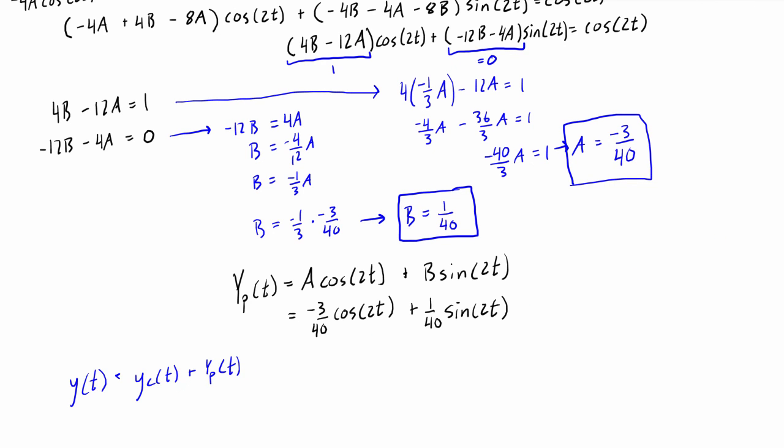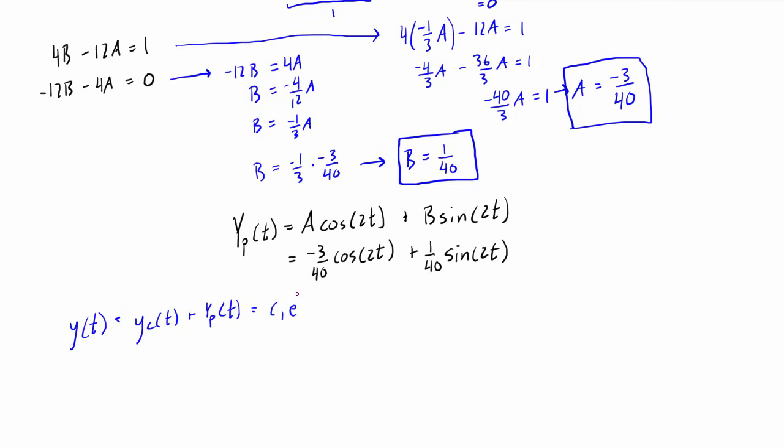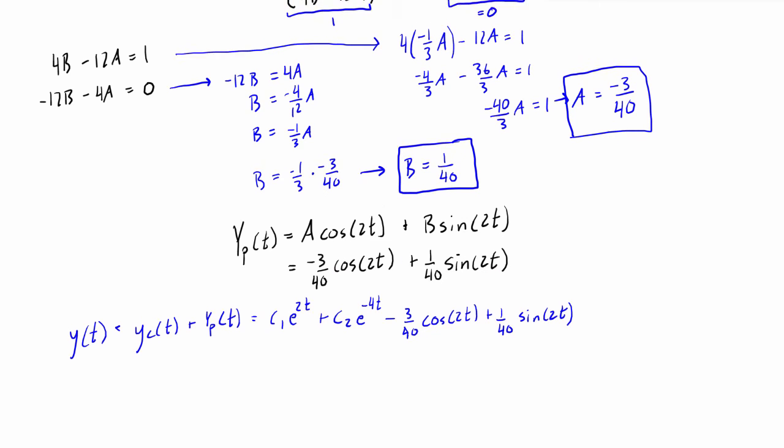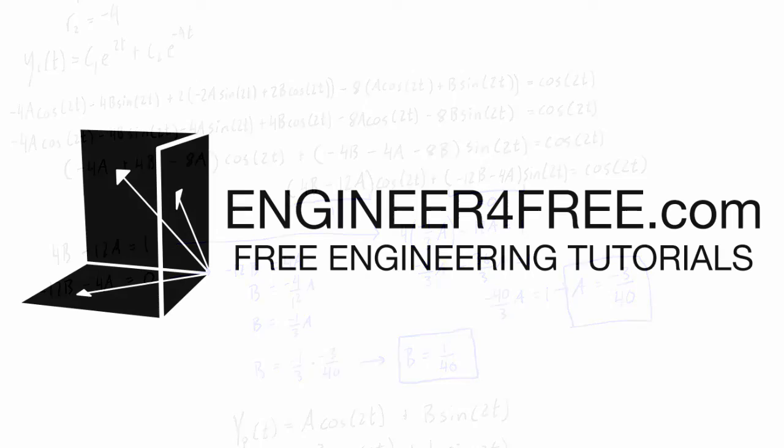The complementary solution we had up here was c1 e to the 2t plus c2 e to the negative 4t, and when we add in the particular solution, we have minus 3/40 cos 2t plus 1/40 sine of 2t. So there you go. We have the general solution, we had the particular solution, and up here we had also just the complementary solution. So whichever one you've been asked to find, now you know how to find it.